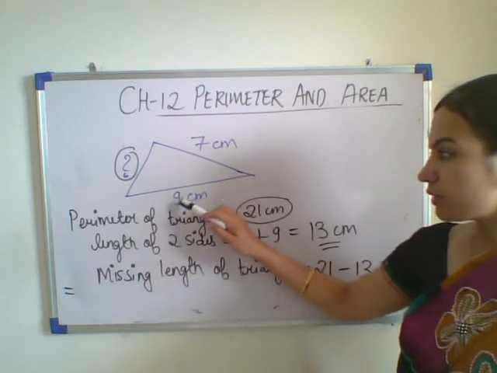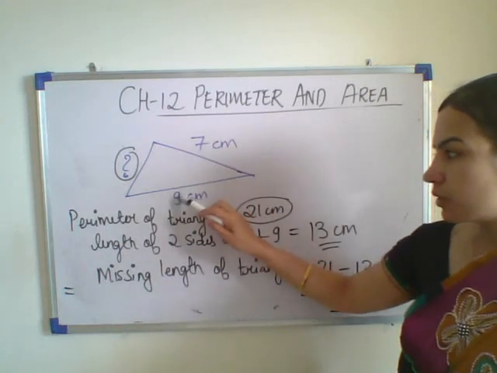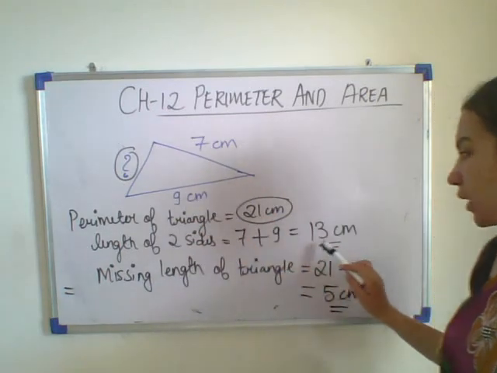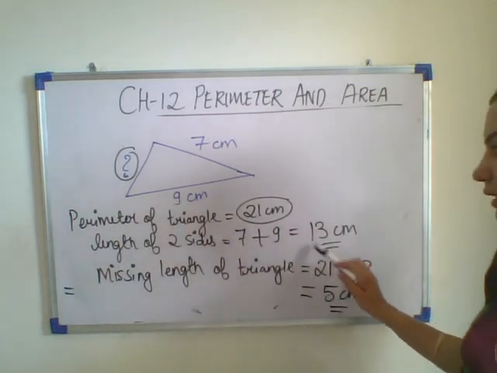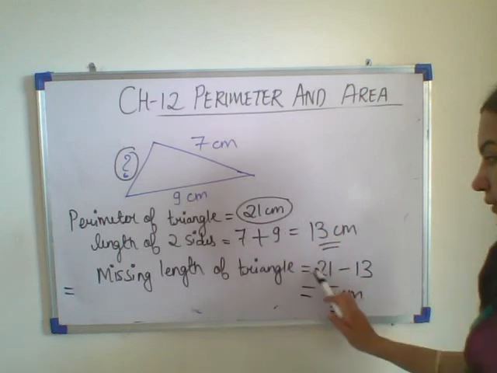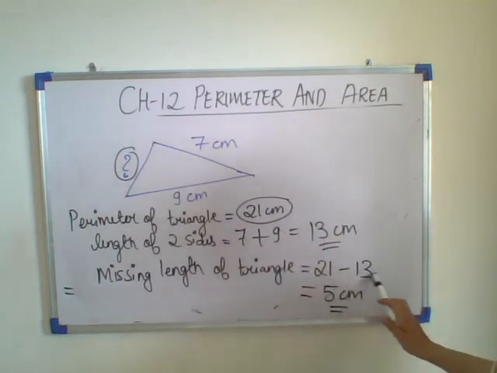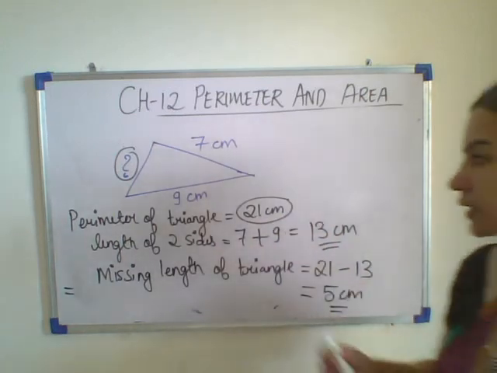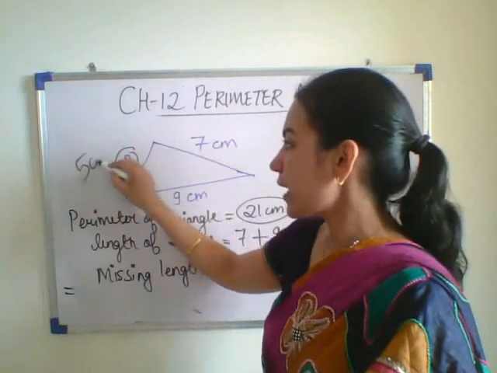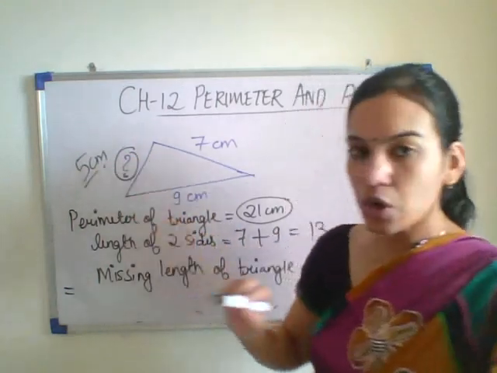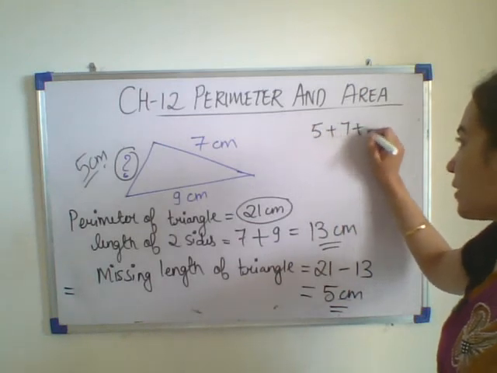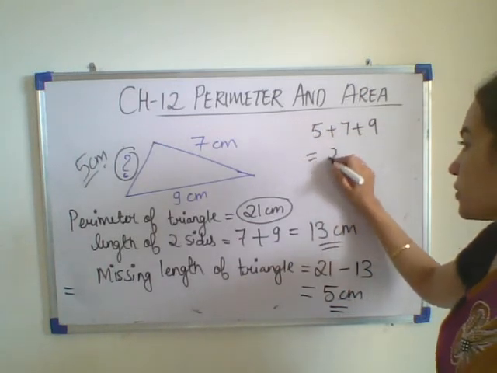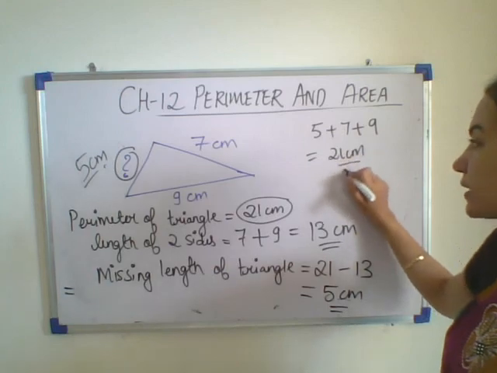So first of all we add 7 plus 9. We got 16. Then we subtract 16 from the perimeter, that is 21 minus 16. 5 centimeter. So the missing length of this triangle is 5 centimeter. In order to check your answer, if you add 5 plus 7 plus 9, you will get 21 centimeter.